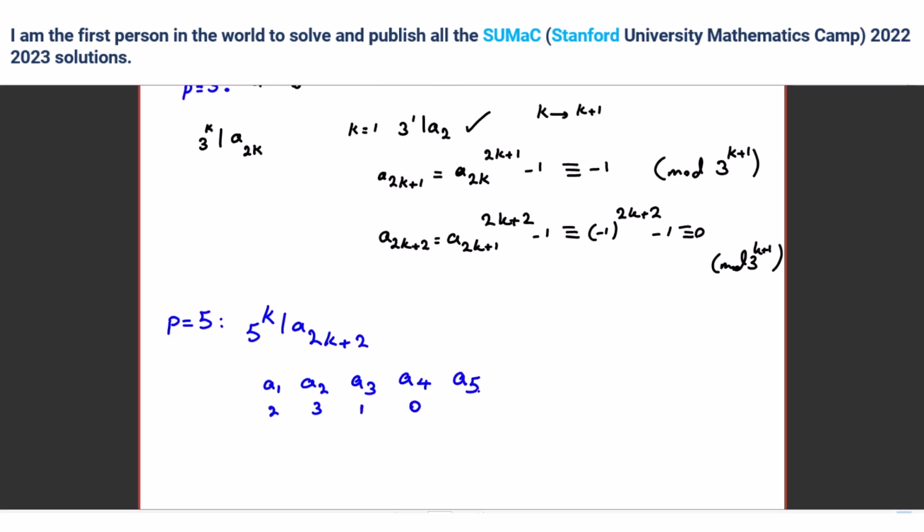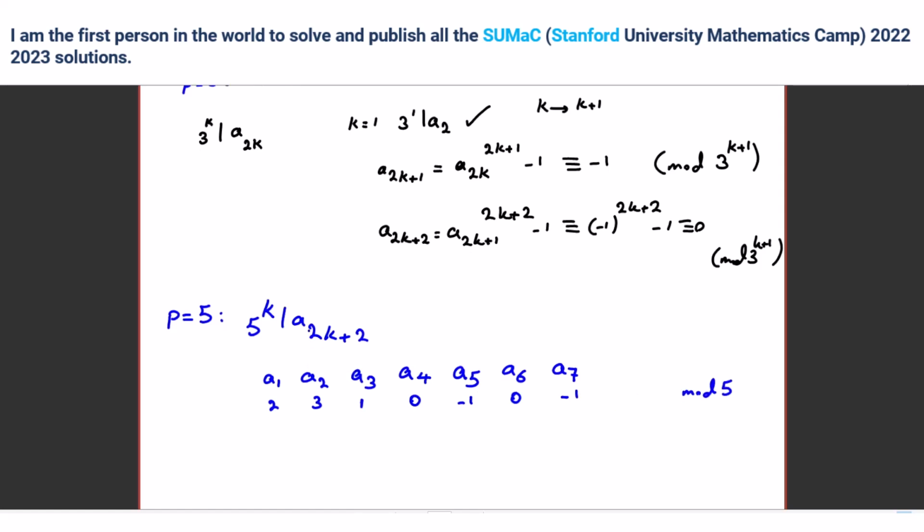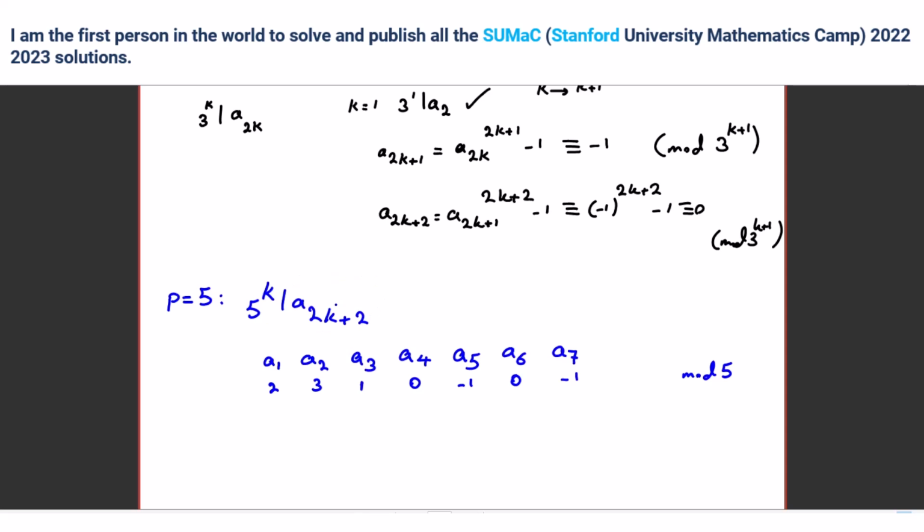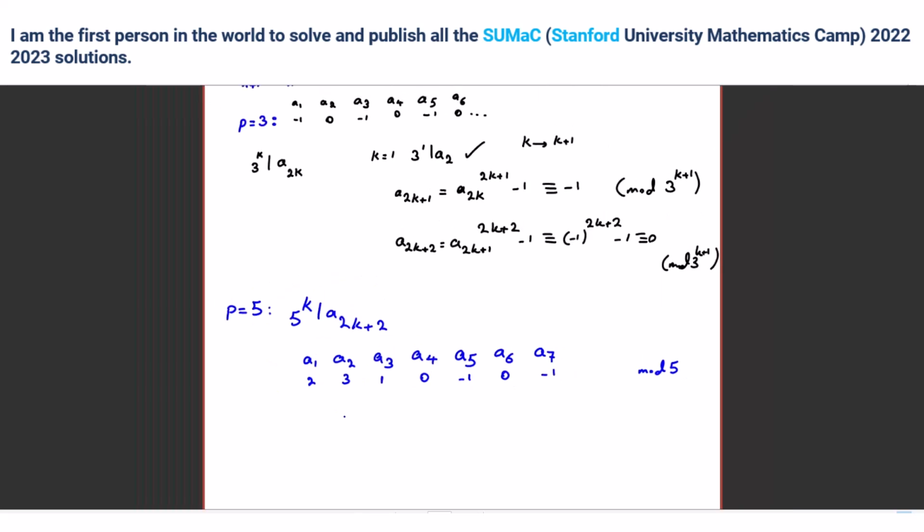A5 is 0 to the 5 minus 1, which is minus 1 mod 5 squared. Yes. If we consider all of them mod 5, then a6 is negative 1 to the 6 minus 1, which is 0, right? Can you explain how you prove this again by induction? Yeah, the exact same method as last time. Exactly. Okay, so p equals 5 is done.